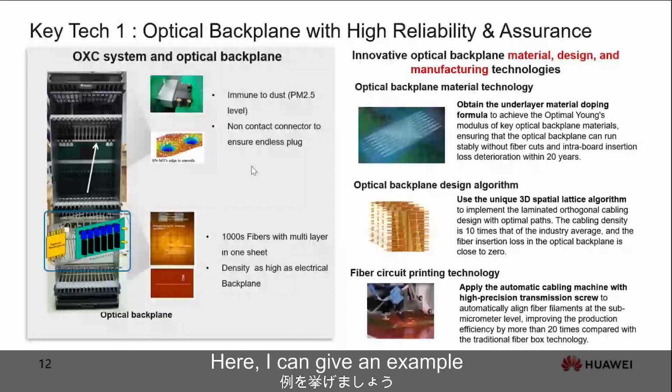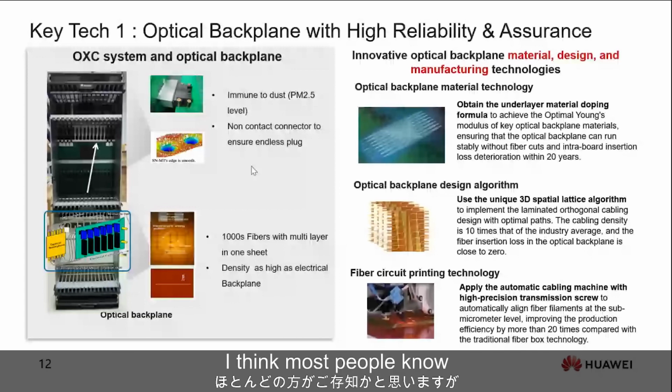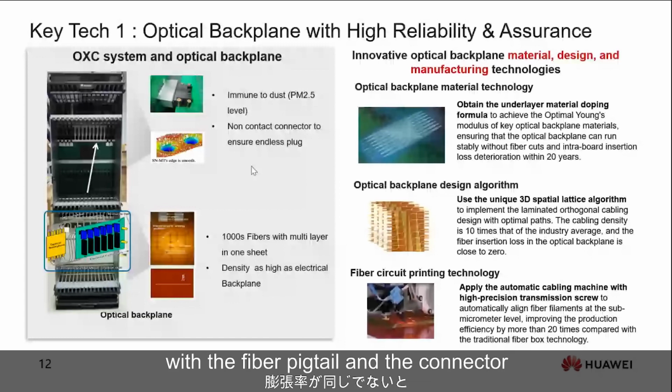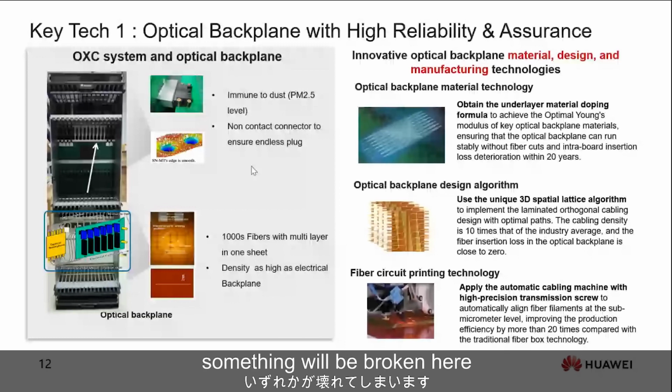As here, I can give an example. I think most people know that if the thermal expansion coefficients of the fiber pigtail and the connector don't match, something will be broken here.